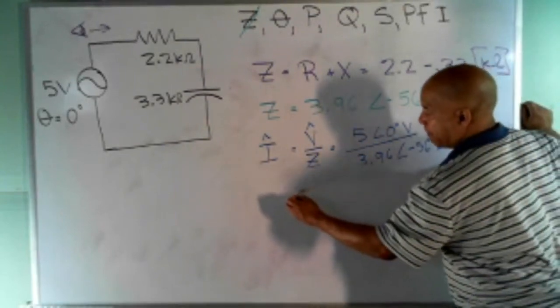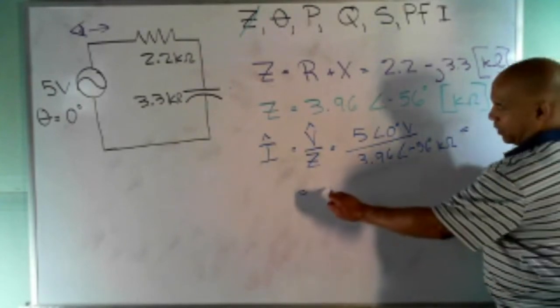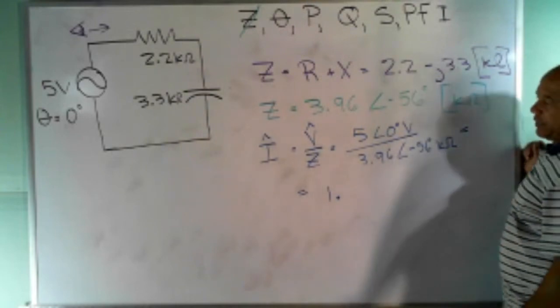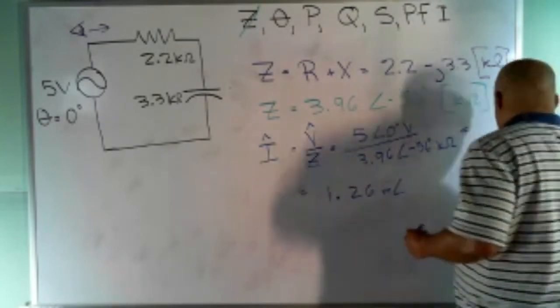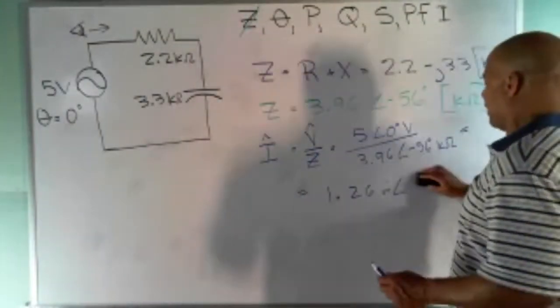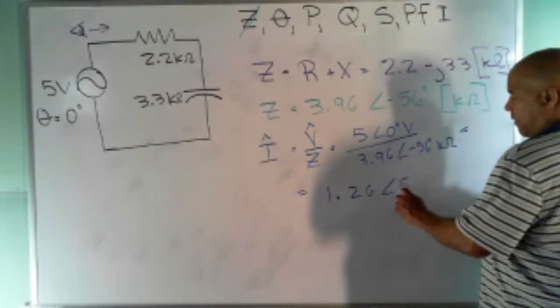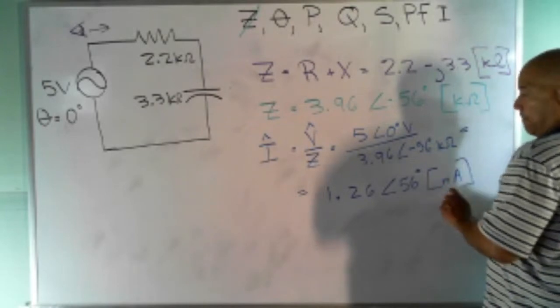How much is that? 1.26. Oh, my hand and my brain are not in phase right now. So 1.26, the angle is 56 degrees, milliamps.